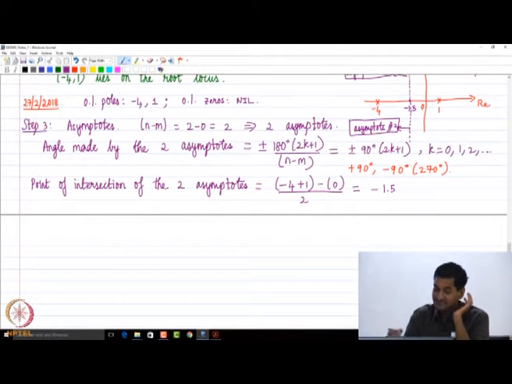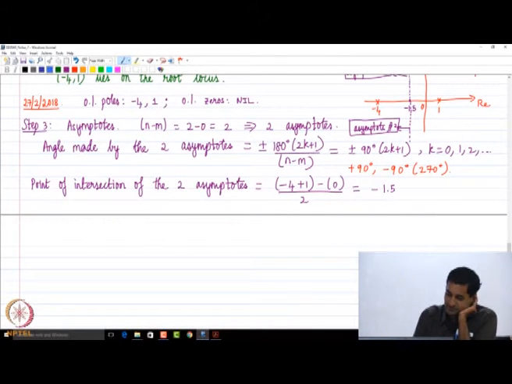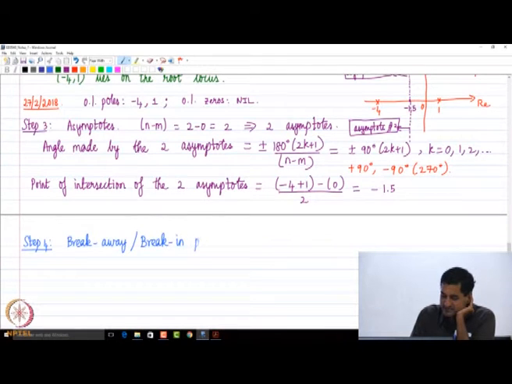Suppose, as in this example, I am looking at step 4. Let's say I write in blue. Step 4 involves calculating what are called breakaway or break-in points.